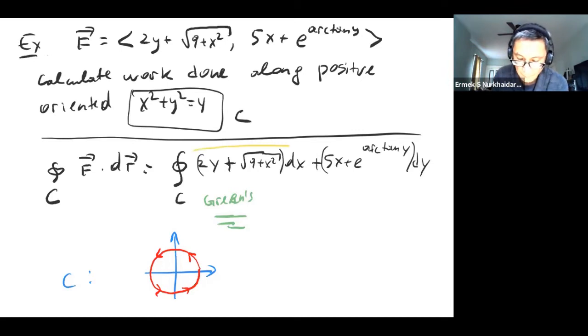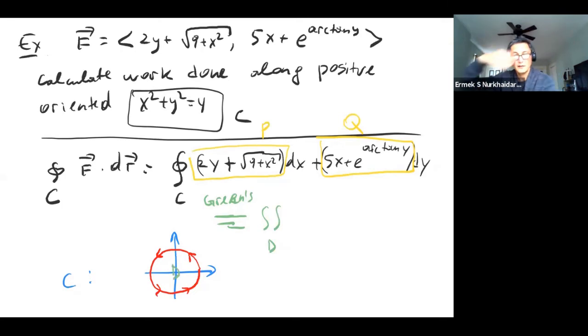That is P, that is Q. Green's theorem tells me to switch to a double integral over region D, which is inside the boundary curve. Take the derivative of Q with respect to x, because it already has y. Take the derivative of P with respect to y, because it already has x. Subtract.